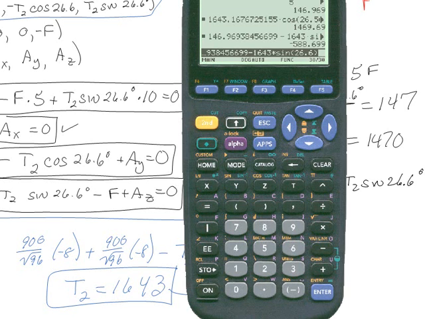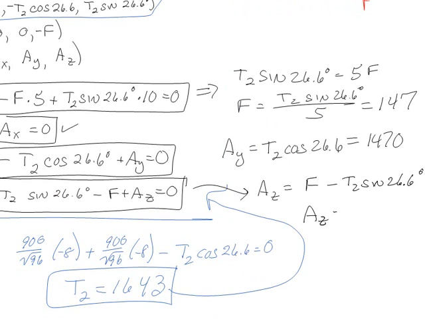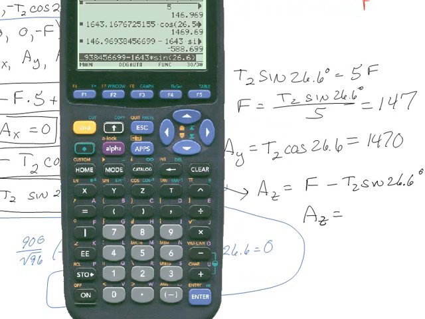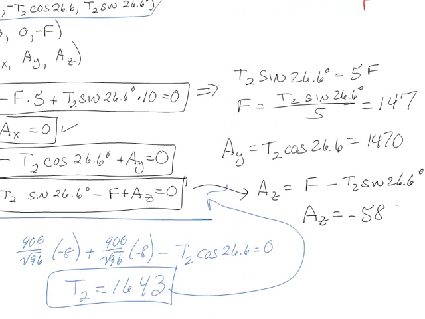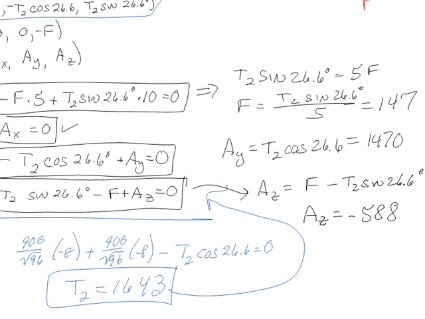And I get negative 588, which kind of sort of makes sense. I feel like I'm doing something dumb, but it's close enough. Anyway, that's basically what we're doing here. I'm happy with this. All right, so there's my answers.